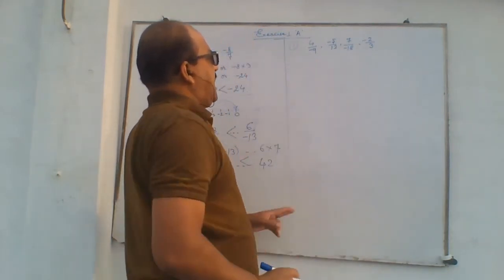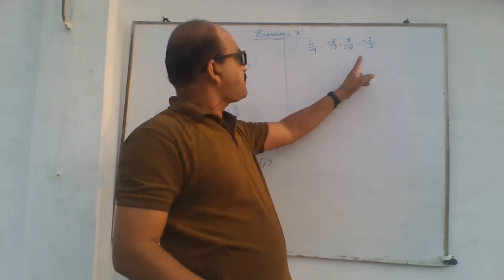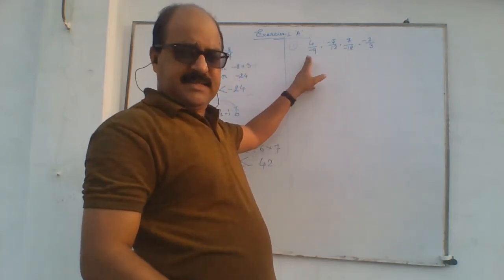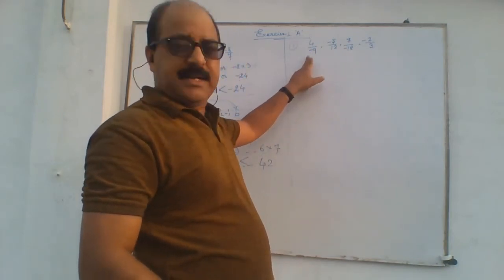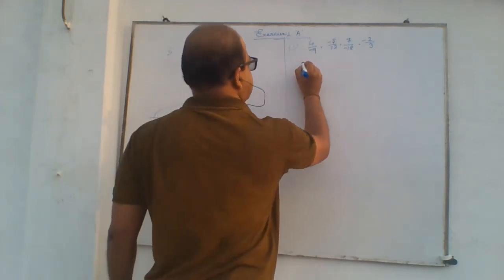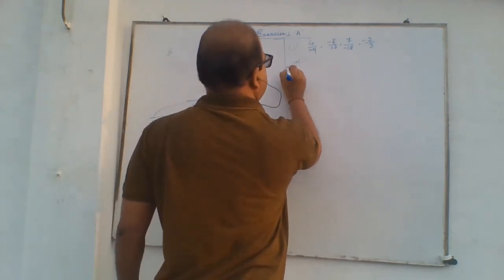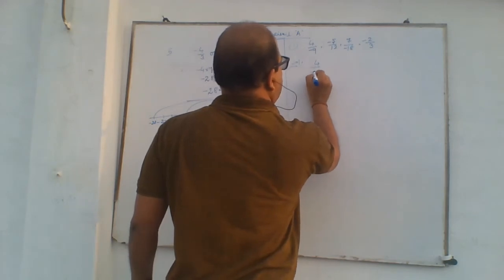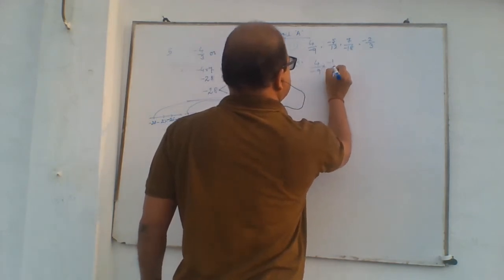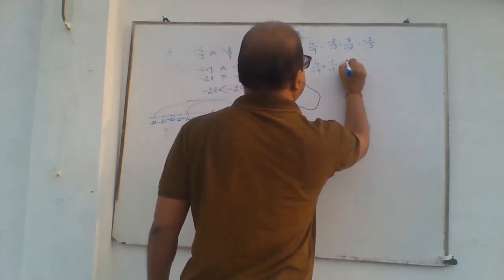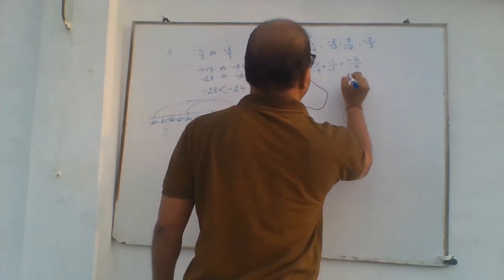As we know, for a rational number, the denominator must be in the positive place. In 4 by minus 9, minus 9 is in the place of the denominator, so we have to rationalize it, and it becomes minus 4 by 9.